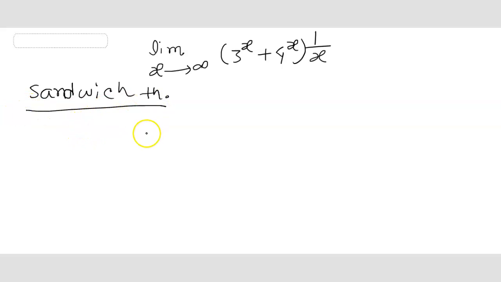Suppose there are three functions: one is f, one is g, and the other one is h. The relation between them is something like this.